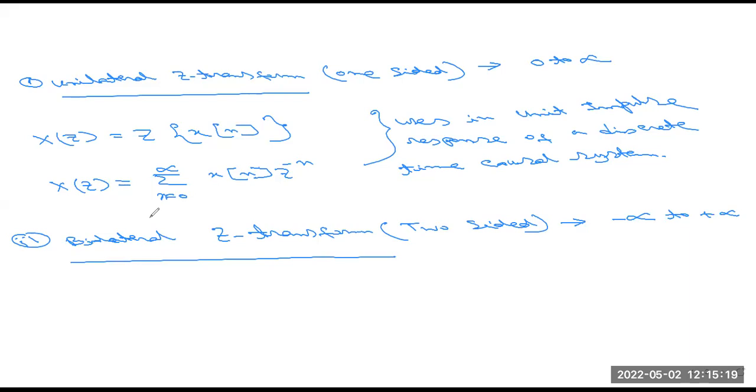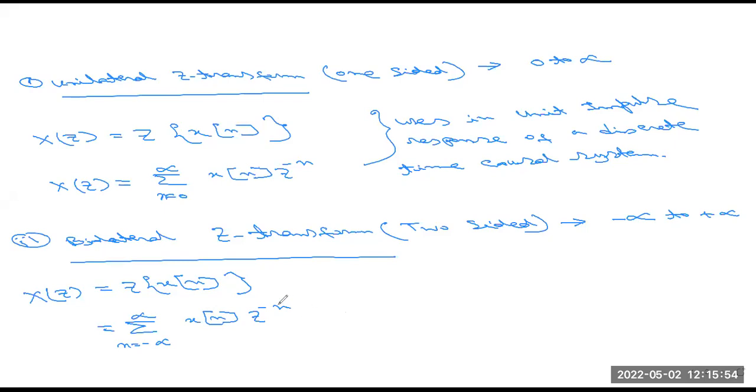What is the example of this bilateral Z transform method? The equation is X of z equals the Z transform of a function x of n. We represent this equation as the summation of n equals minus infinity to plus infinity of x of n z to the power minus n.